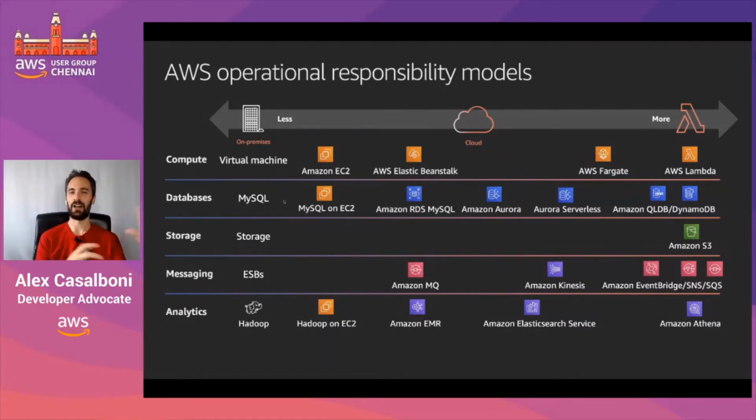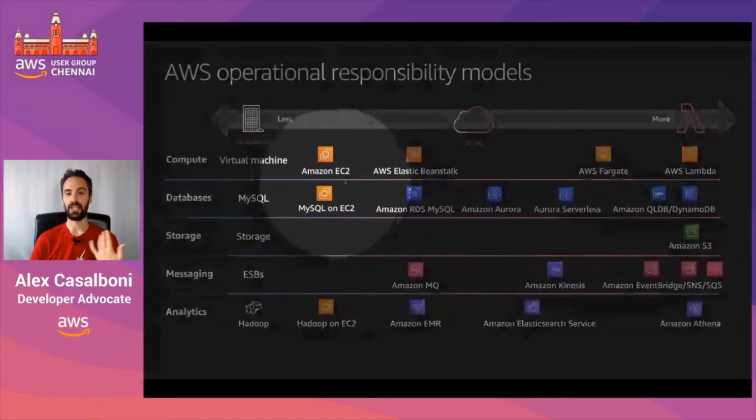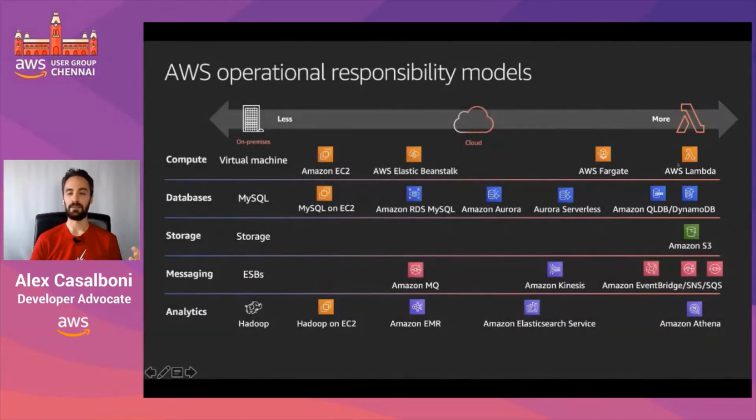That's very not serverless. And on the other side, you have things like Lambda and DynamoDB and S3 and EventBridge, SQS, SNS, or Athena, where you really cannot even see the servers. You cannot even see the cluster underneath. Of course, there is always a server somewhere, but it's not your responsibility, okay?